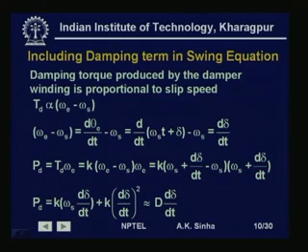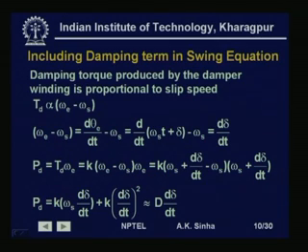Since these damper bars are placed on the rotor and are short circuited, a current will flow in them. The interaction of this current with the field will produce a torque which opposes the motion. So, whenever there is a relative motion, it is opposed by the damping torque; the damping torque will always oppose the relative motion.